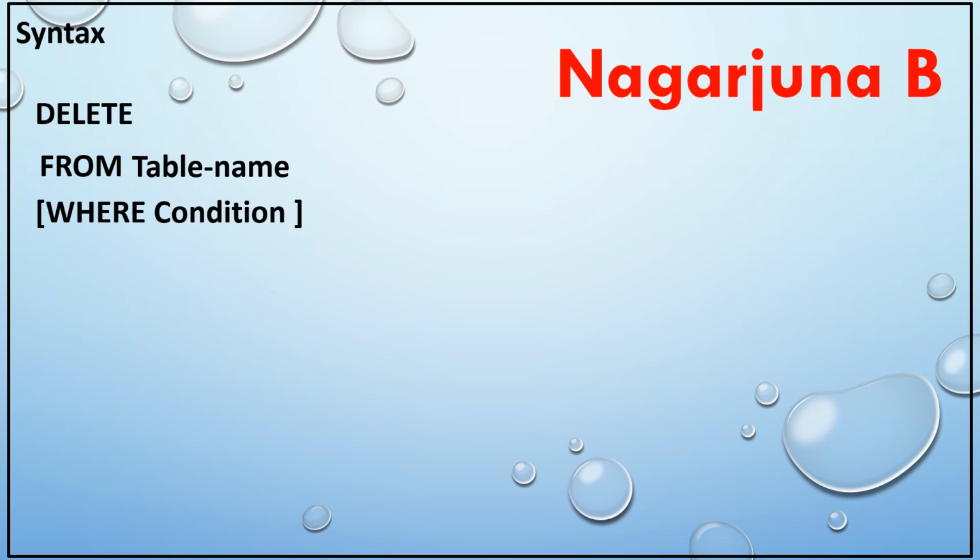That means at the time of creating a table, you have specified the table name. While specifying that table name, in what case you have mentioned, in the same case you need to write the table name. Then after that, where condition, and this one I have written in the square bracket, meaning it is optional. After that, semicolon.